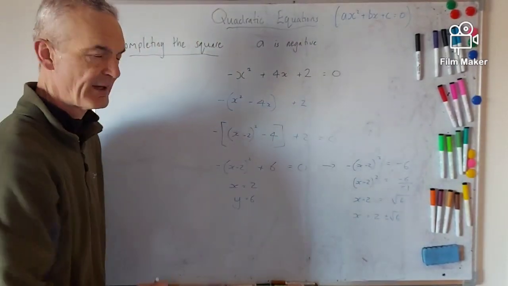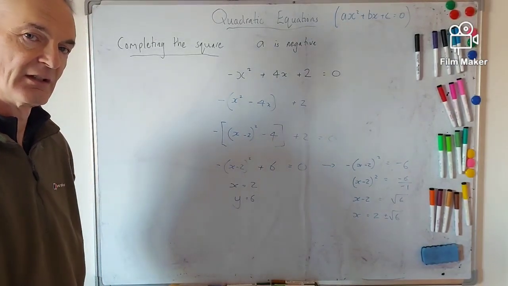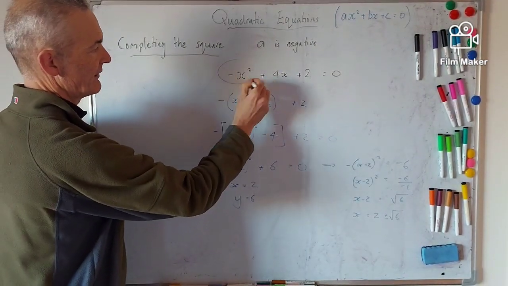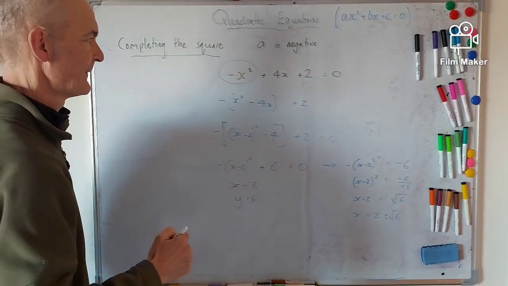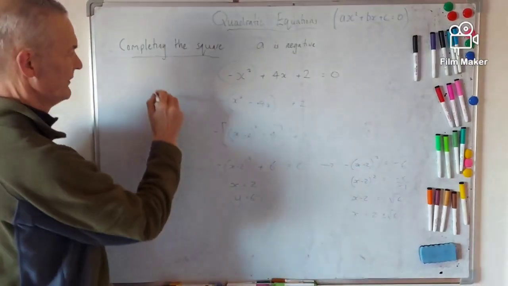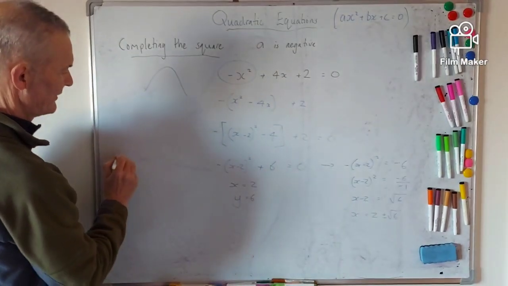And then we can use all the information we've got here, if we wanted to very quickly sketch what this curve looks like. Now remember, with this, when we've got a negative x squared, that's going to give us an n-shaped curve. So we should be looking for a curve that goes that way. So let's see what we get.